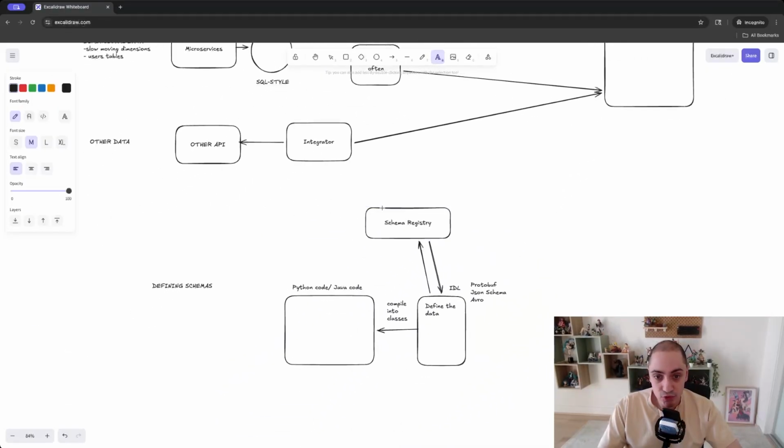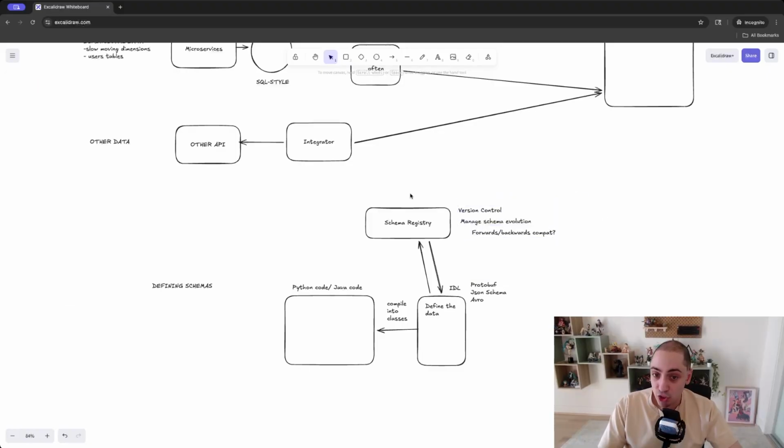The other thing that the schema registry does is it does version control, and it'll manage, and this is really the most important part, schema evolution. And so that's going to be, are you forwards or backwards compatible? A lot of the times you'll actually choose at the schema registry layer which ones you want to be forwards or backwards compatible.